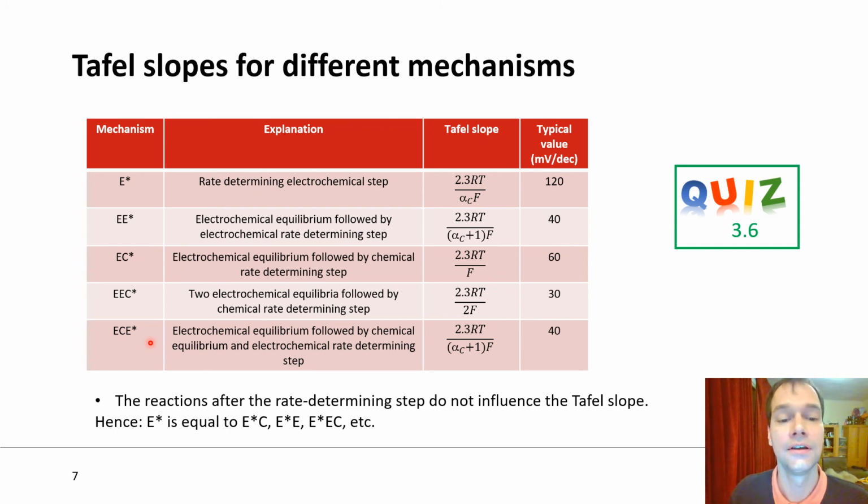And what is also important to notice is that all the reactions that are after the star, so for example E star E, is the same as an E star. So the reactions after the rate determining step do not matter. So this is very nice information, because now we can look at our electrochemical experiments, measure the Tafel slopes, and from this we can say something about the mechanisms.